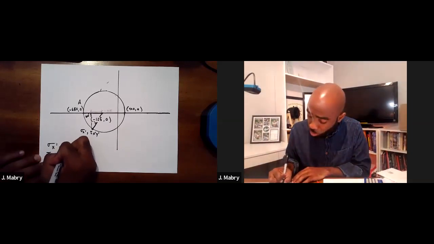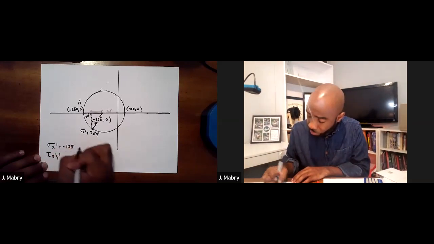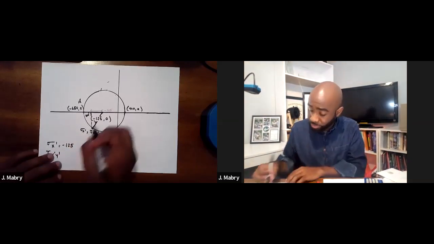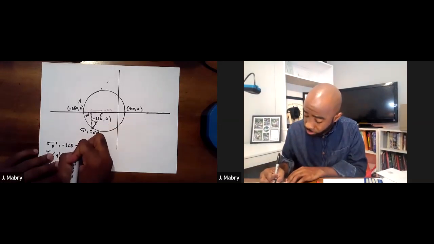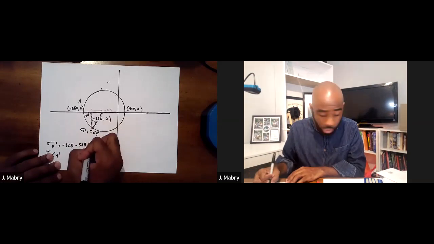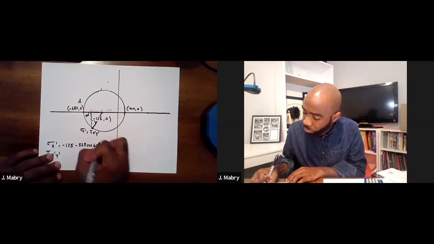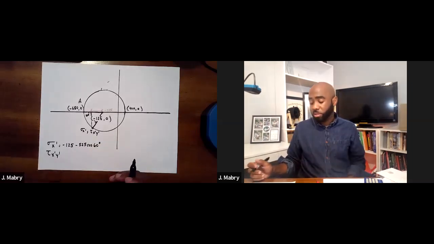This is equal to negative 125 minus the 525 radius times the cosine of 60. That's the equation.